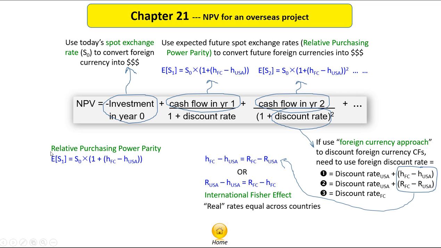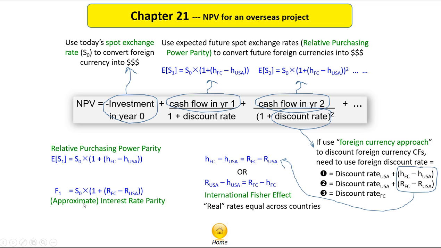Then we also had, let me just repeat again, the relative purchasing power parity formula that we can use to calculate what we expect about future spot exchange rates when we know the inflation rates here and overseas.